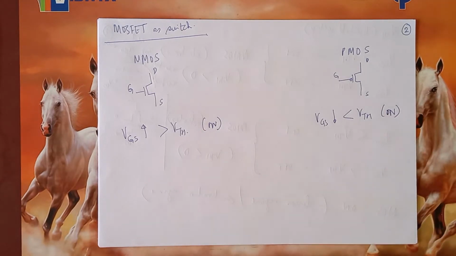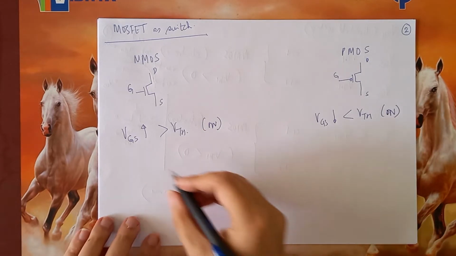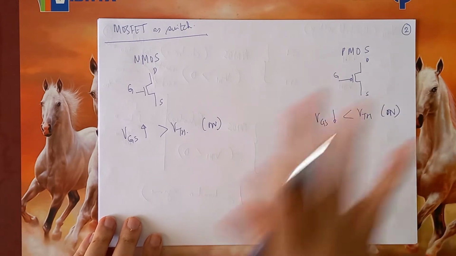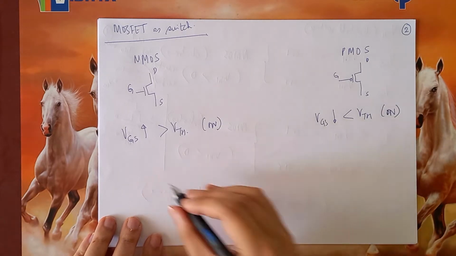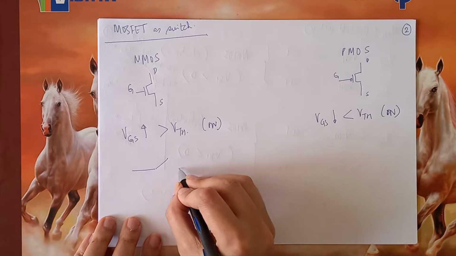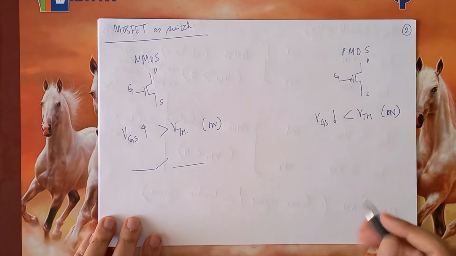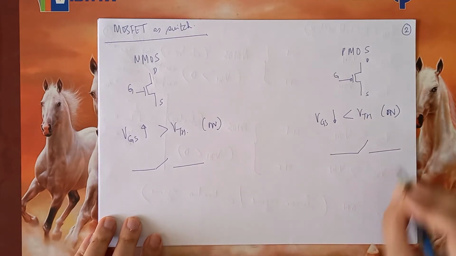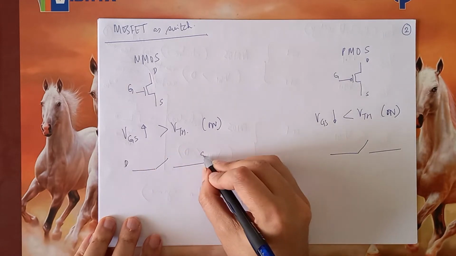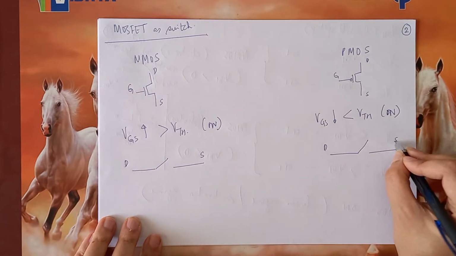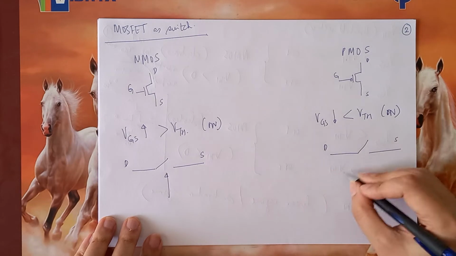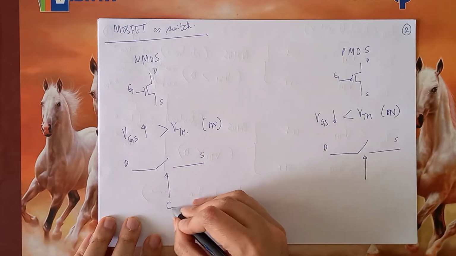This is what we had described. So when the PMOS or NMOS is on, essentially they look like a closed switch. So I can say that each of these transistors is something like a switch where we have a bridge between the drain and the source, and the on-off control of the switch lies with the gate.